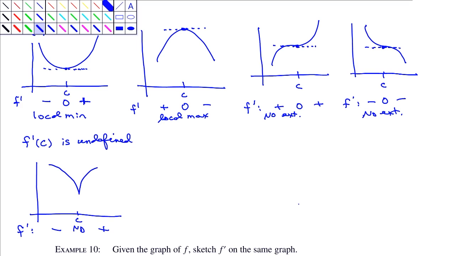That's the cusp here. So the first derivative is negative, meaning we're decreasing down to this point right here, and then we're increasing after that. So that is a local minimum.